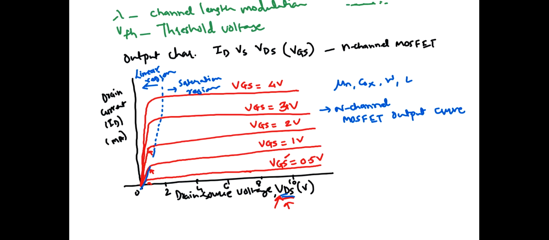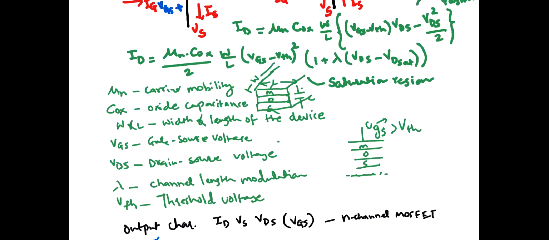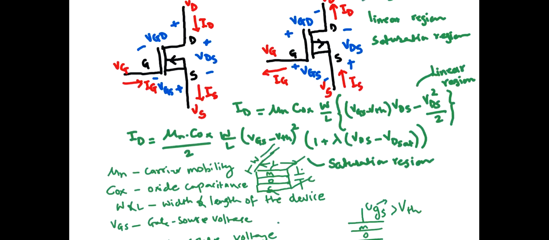So I hope you understood the voltages, currents, symbols, and the direction of current flow of the MOSFET and its output characteristics. You also understood, as I explained before, the regions of operation: the linear region and the saturation region, and for each I have given you the current expression.